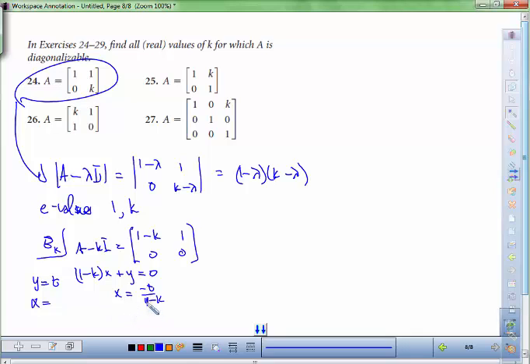So it looks like we might have an issue when k is equal to 1 as well. Your eigenvector associated with this is going to be 1 over 1 minus k and 1.